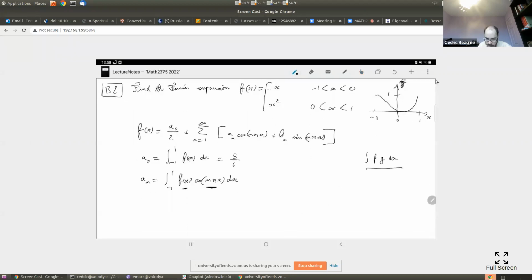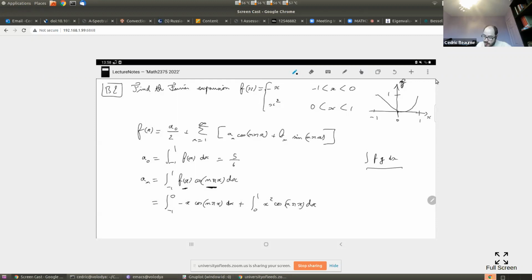So that's the definition for an, and you will find that this comes down to the integral from -1 to 0 of minus x cos n pi x dx plus the integral from 0 to 1 of x squared cos n pi x dx.